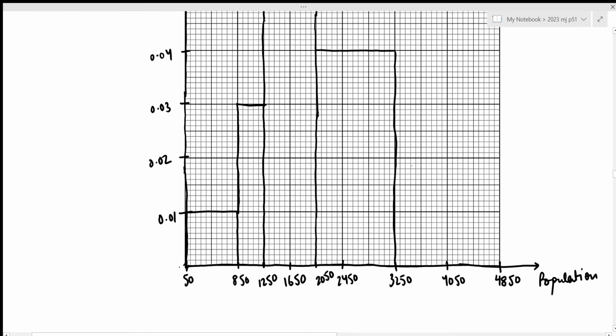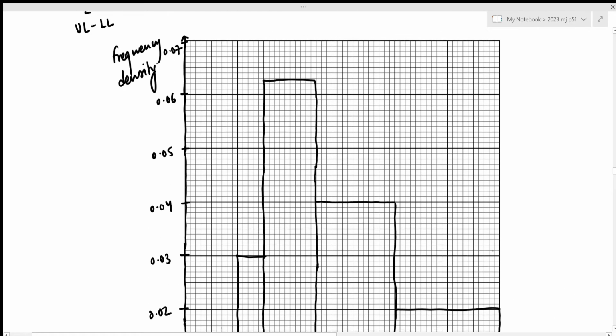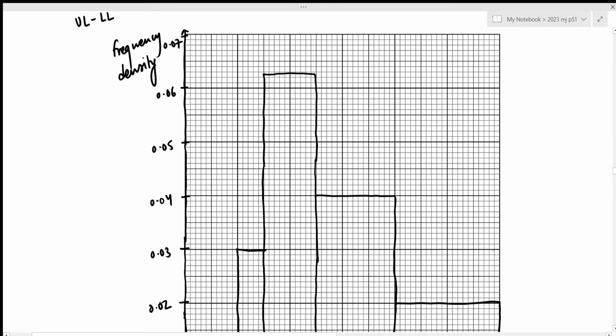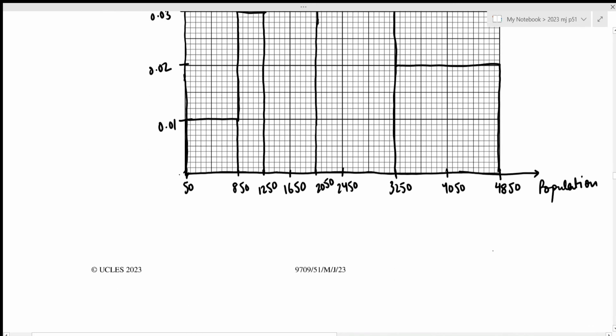So till the end, we now need 0.02. This completes our histogram, but make sure that you use scale so you don't have any wiggly lines like mine. You need to have straight lines. And you can also choose to shade the histogram bars as well.